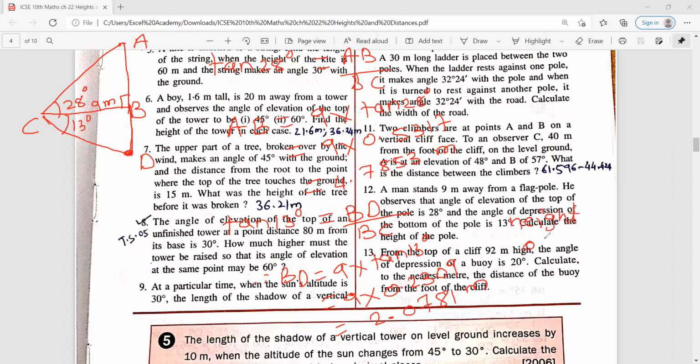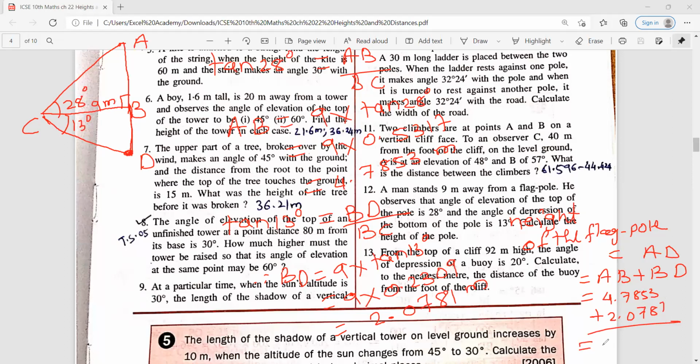Now the height of the tower, or not tower, sorry, flagpole, whatever, is equal to AD, that is AB plus BD. That is 4.7853 plus 2.0781.